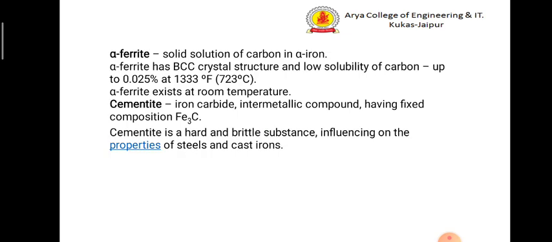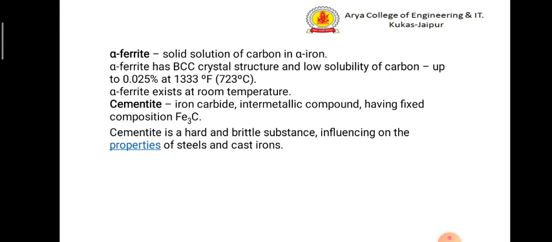Alpha ferrite, solid solution of carbon in alpha iron. Alpha ferrite has a BCC crystal structure and low solubility of carbon, up to 0.25% at 1333 degrees Fahrenheit.